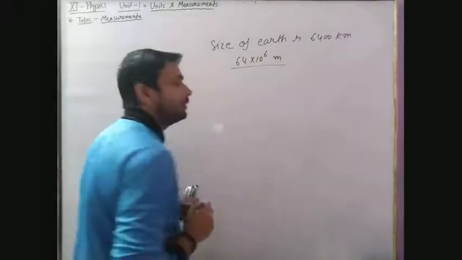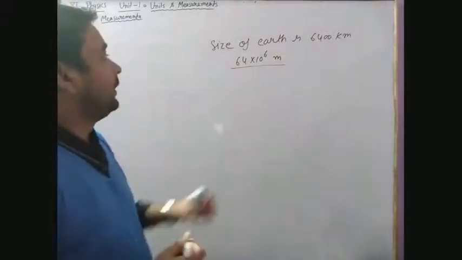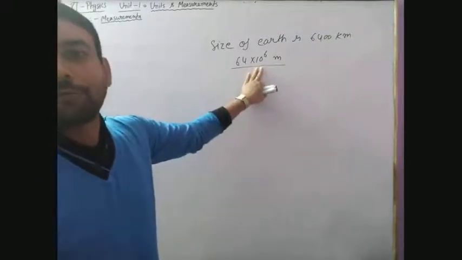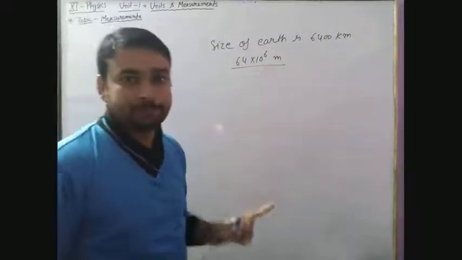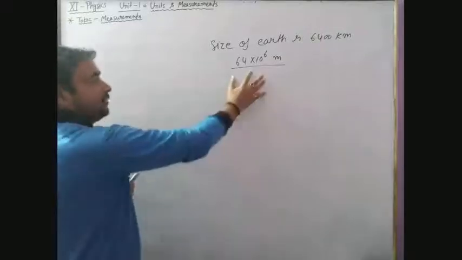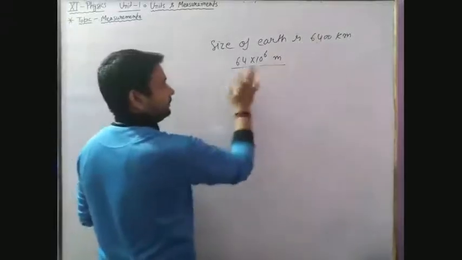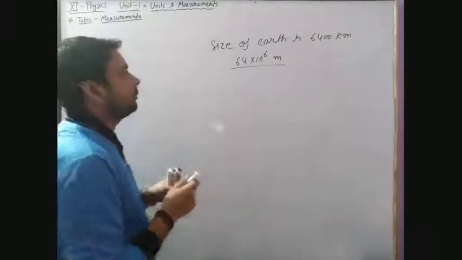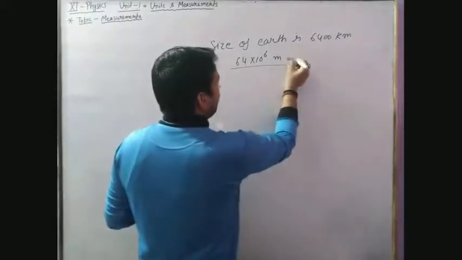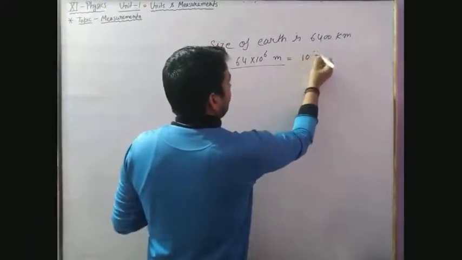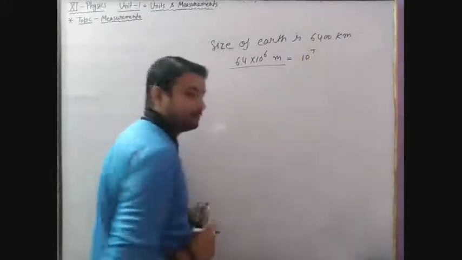This is how we represent the quantity in the order of magnitude, as an exponent of 10. Okay, and it gives the nearest value, or finally we can see that this is of order 10 to the power 7.